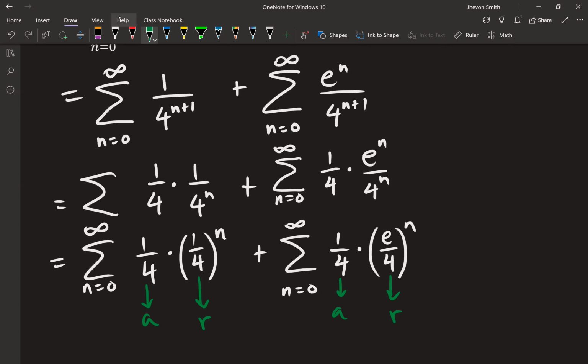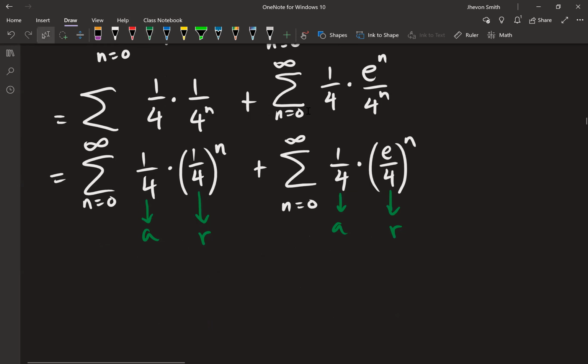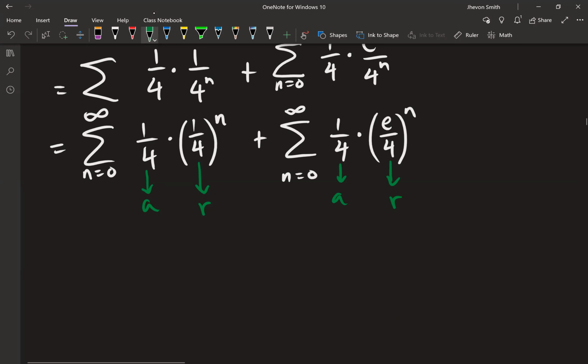Okay, so now, do these converge now that I wrote it like that? Remember, when we want to determine if these converge, we have to look at the R. Is the R in absolute value less than 1? If I take a quarter and put it in absolute values, do I get something less than 1? For sure.